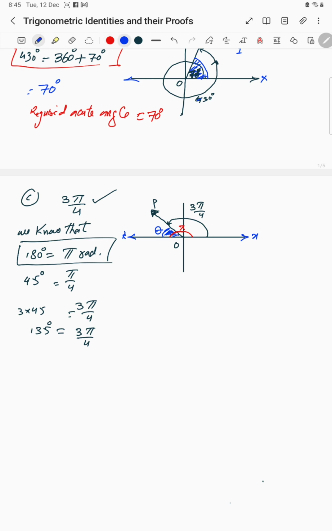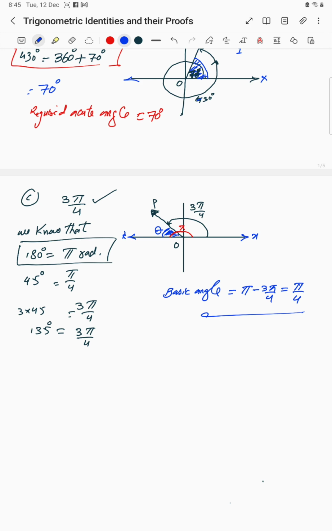So I can say the basic angle, or that is called the acute angle, is equal to pi minus 3 pi by 4, that goes to be pi by 4, right? So this is how we can calculate the basic angle.